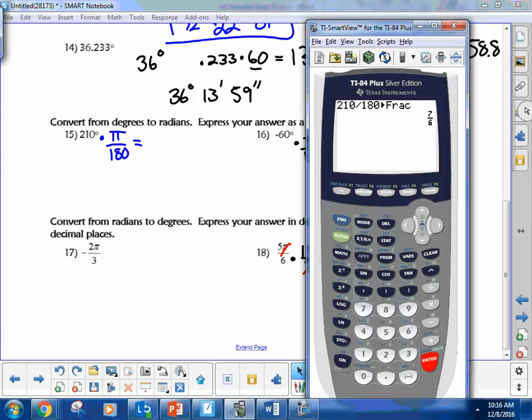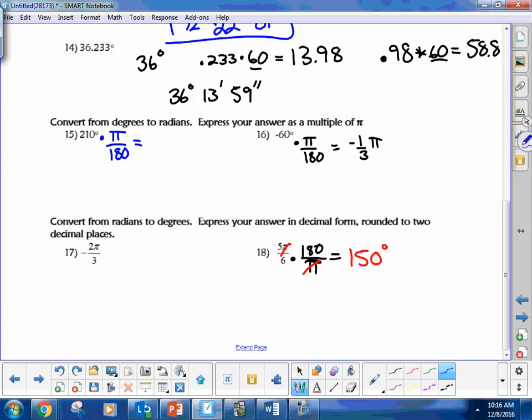So you take the fraction you get from here, because we're going to express pi as its actual pi. So 7/6 pi. You write that next to it, and it looks like that.